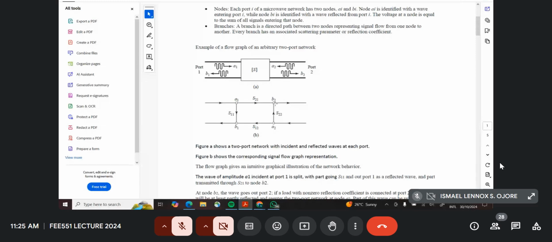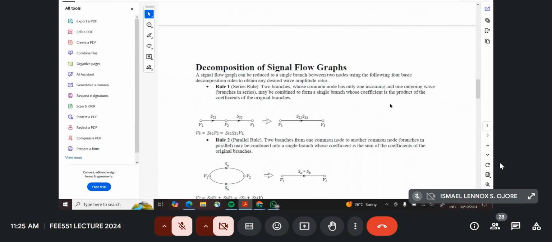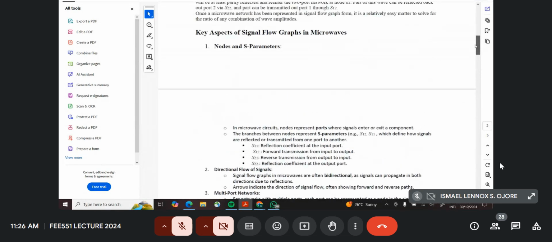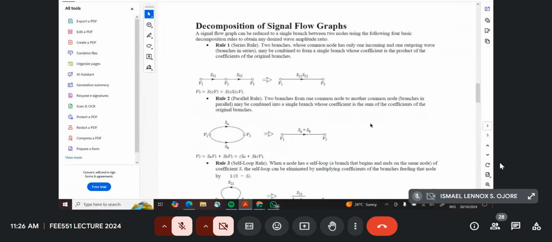I hope you have understood how to draw the signal flow graph. So I'll jump to the decomposition first because I've already said about the key aspects, the nodes and the branches. I'll go to decomposition of the signal flow graphs. So there are rules.